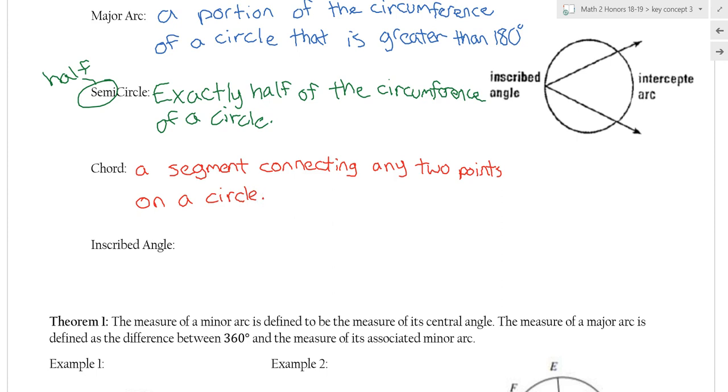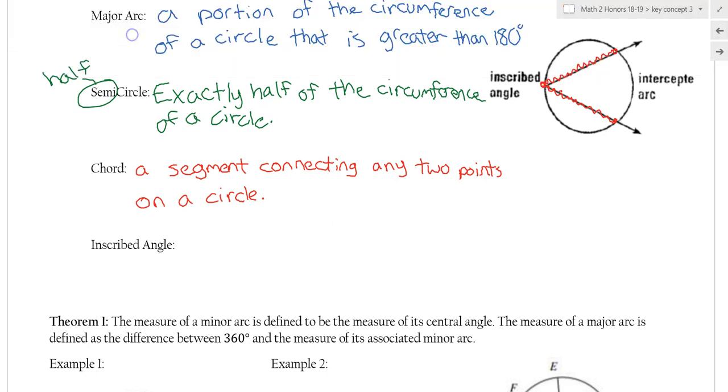So if I have a point here and a point here, this line here is a chord. There's a point on the circle, there's a point on the circle. This is a chord. So there's an infinite amount of chords you could make in a circle, just as long as there's 2 points. The diameter of a circle, it does have 2 points on the circle. It is a chord. It's just a special chord that also goes through the center. Okay, so the diameter can be a chord as well.